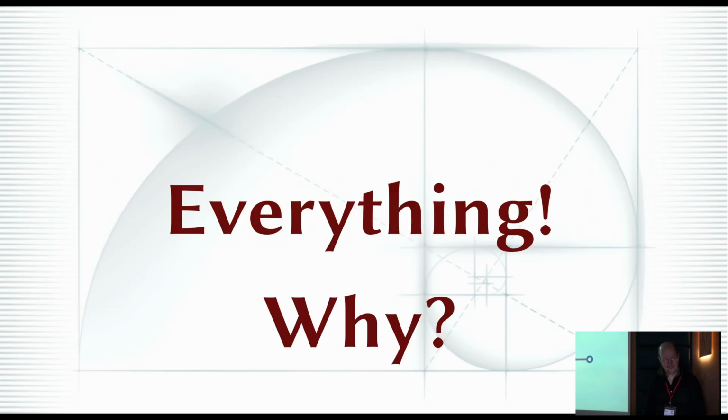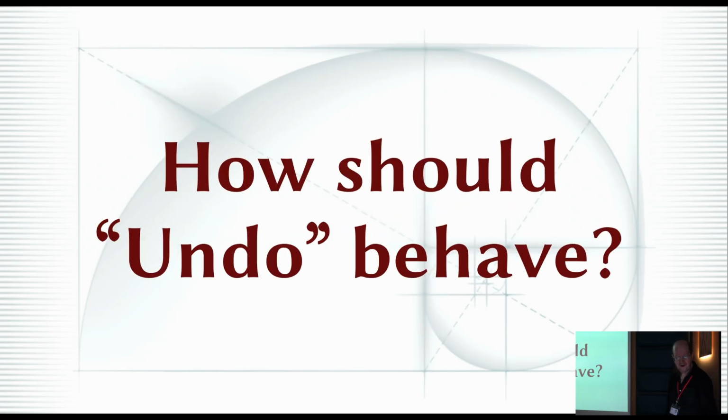So we said that everything ought to be undoable, and we've shown that for consistency we want it that way. Then there's the question of how we want undo to behave. This may be kind of obvious. Usually it's just: put things back the way they were before, restore the state that I had before. And yes, that's pretty good.